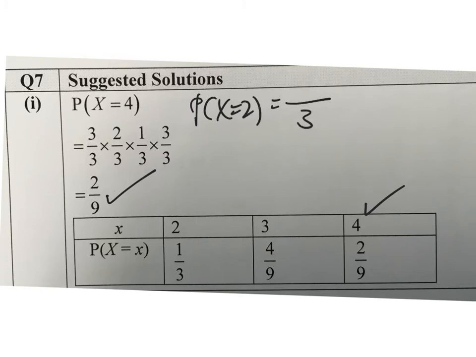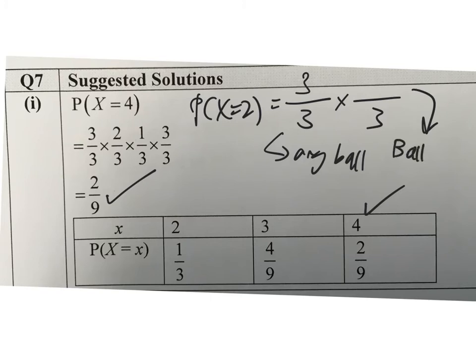The first draw can be any ball, but the second draw must be the ball that was selected previously, so that it ends on the second draw.